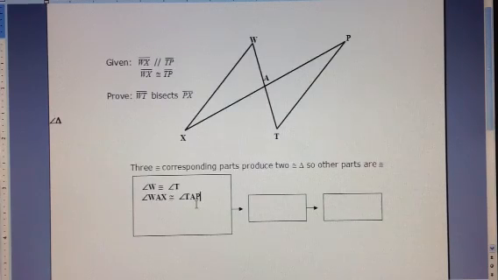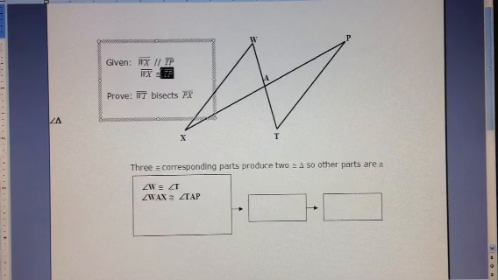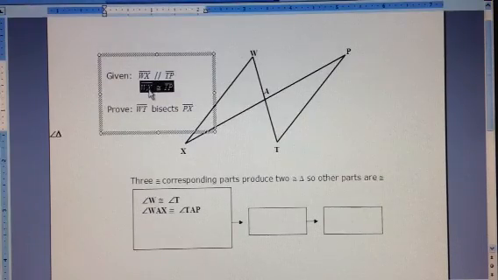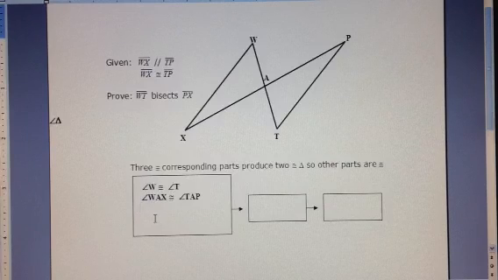And we know that WX is congruent to TP, because that's given. And that's going to be our three things. It's going to be AAS.